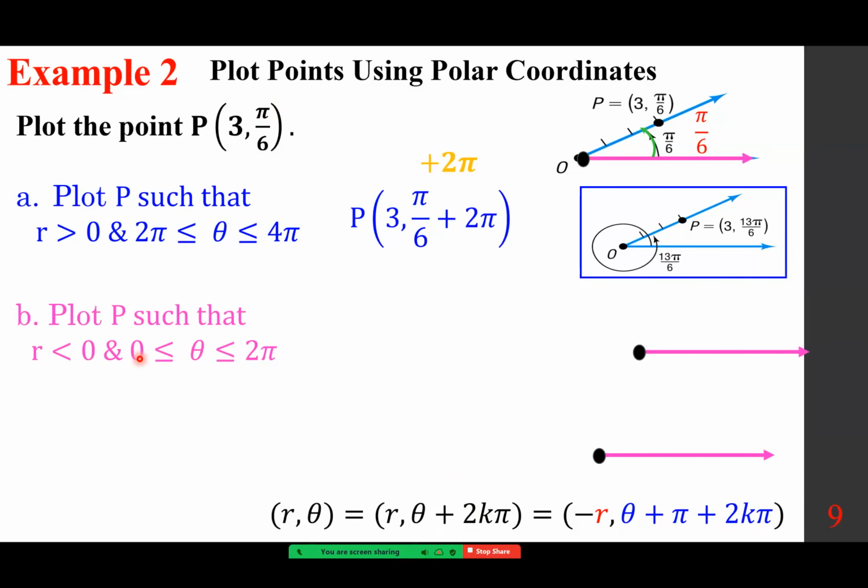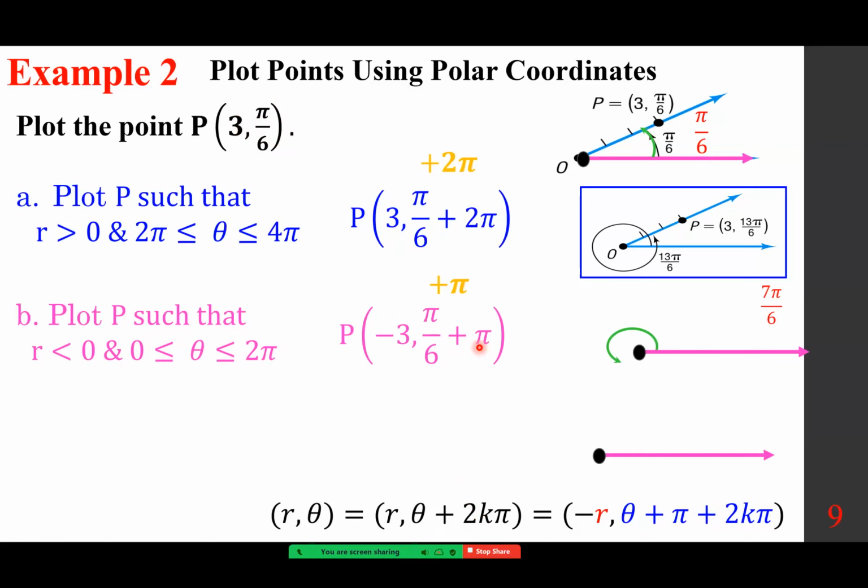Because I want it to be between 0 and 2 pi, I'm just going to add pi. So when I add pi to theta, I must change the 3 to a negative value. Now, pi over 6 plus pi is 7 pi over 6.